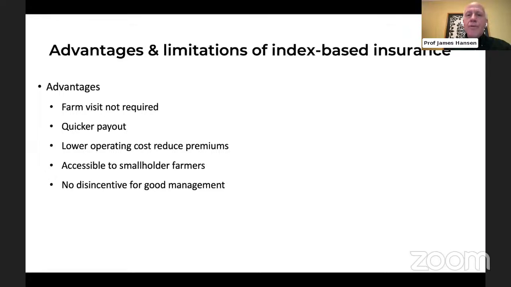If the farmer's payout is based on an index that is not related to their actual on-farm yields, they may get the payout but still get some income from the crop if they manage it well.